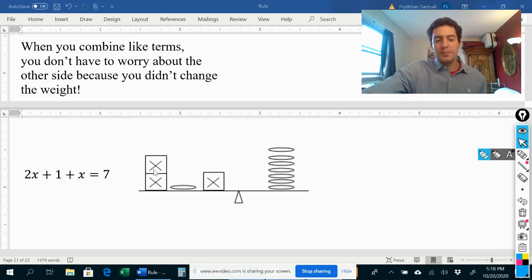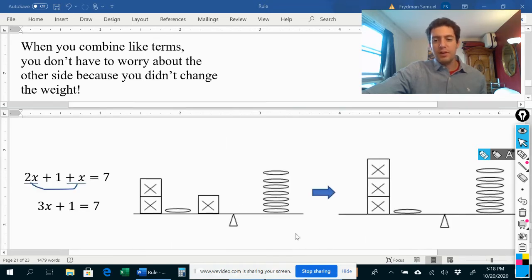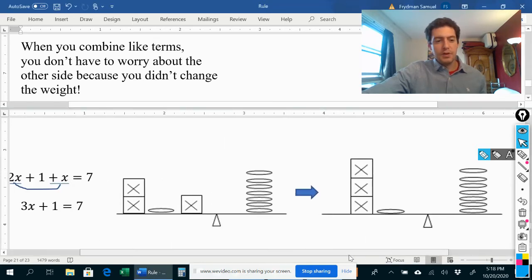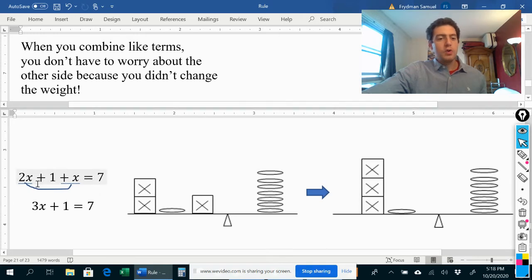We can put the 2 x boxes together with this x box. And what would that look like? You can see I put the picture right over here. So if we combine the 2x with this plus x over here, then we would get 3x. And we still have that 1 there. So 3x plus 1 is equal to 7. This picture represents the original equation that we had, 2x plus 1 plus x equals 7.